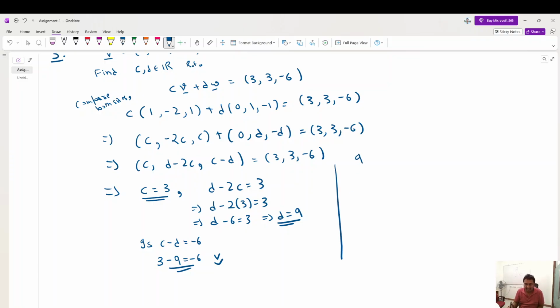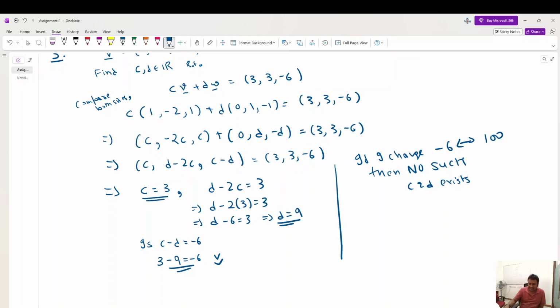If I replace minus 6 with 100, then no such C and D exist, because the difference should be minus 6, and you would be saying minus 6 equals 100.